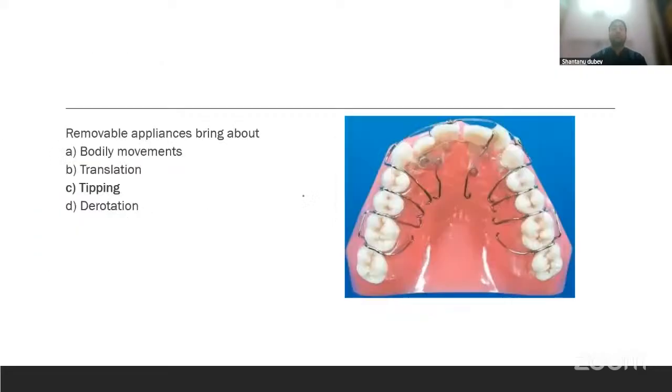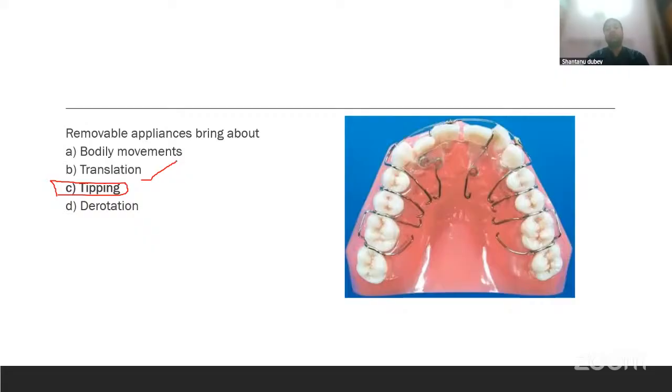Removable appliances bring about bodily movements, translation, tipping, derotation. See, we all know that removable appliances cause tipping. Imagine, if removable appliances were capable of translation, then why would anybody introduce a bonded appliance, a fixed appliance, braces?